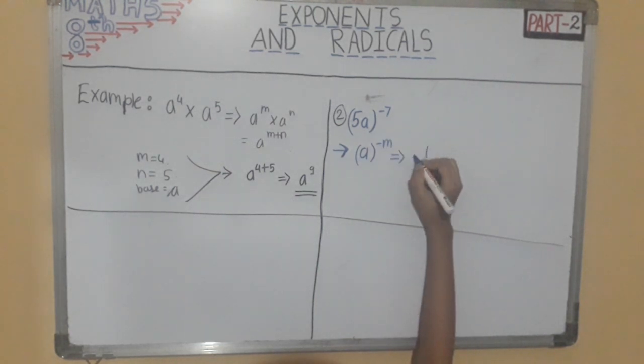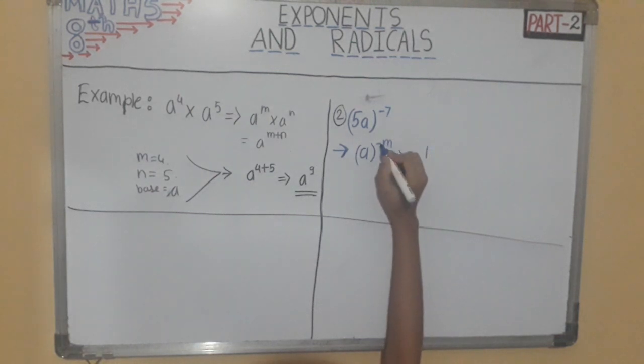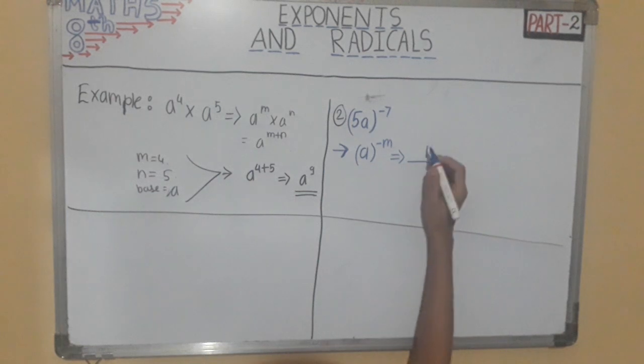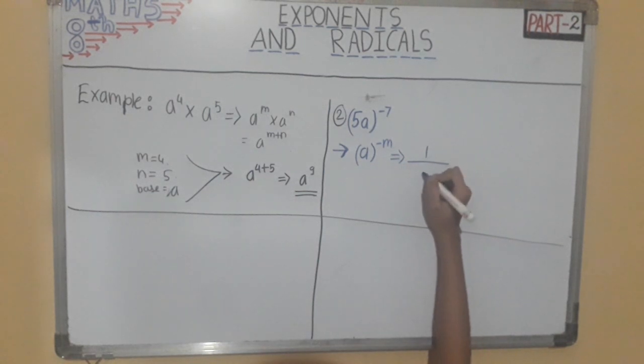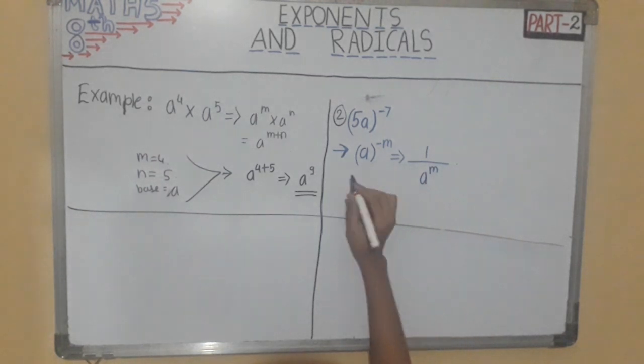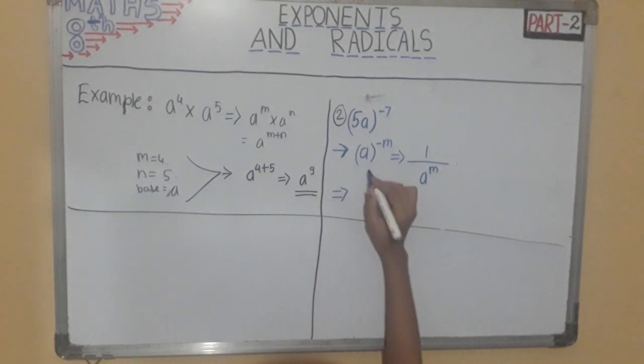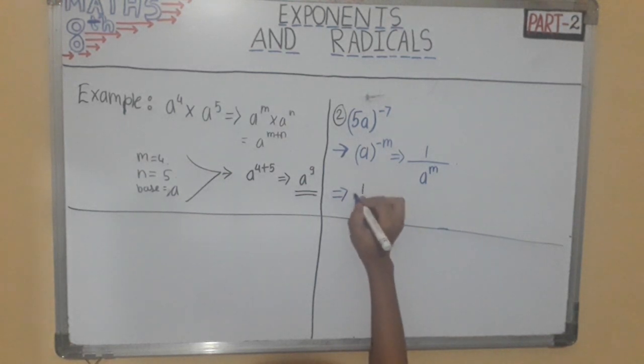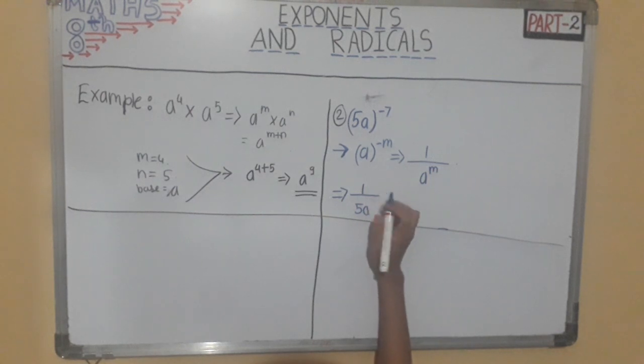It tells that we have to take negative sign as 1 and the whole number as it is except negative sign, 1 upon a raised to m. So this will become, according to the question, 1 upon 5a raised to 7, like this.